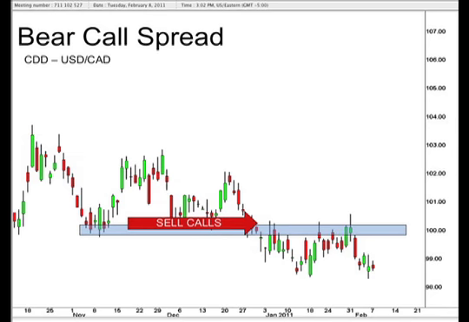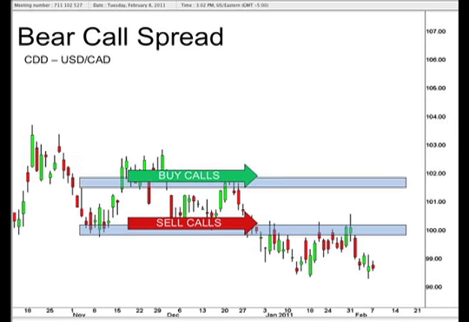But we're going to go out and identify a higher strike price, and we're going to buy call options at those upper levels. What that's going to do is limit our risk exposure between these two support and resistance levels. So ultimately, if we do happen to see the CDD break above that 100 level, we have an identifiable risk exposure to the extent that we've written that upper call option.